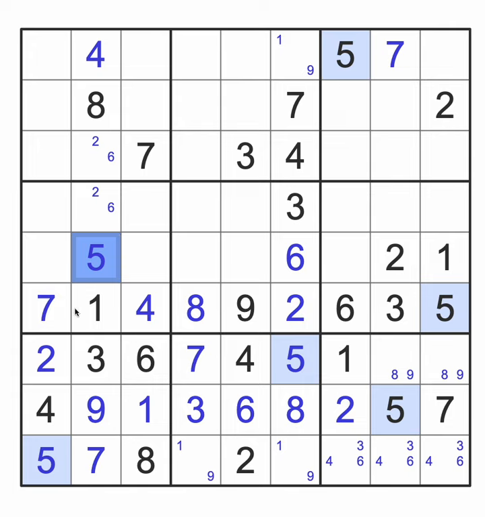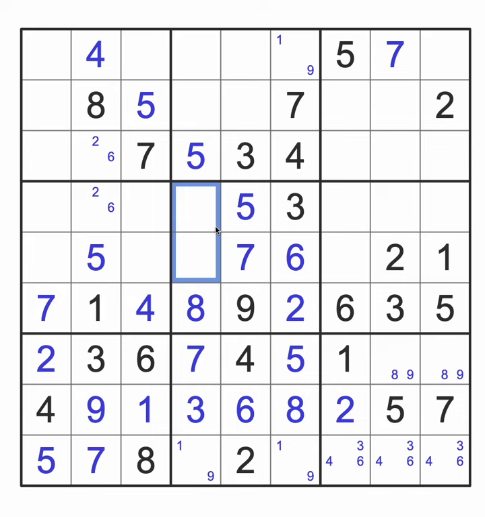And the 5s block these cells, gives me 5. 5 and 5 block these, gives me 5 here. Now 7 blocking here makes this cell 7.